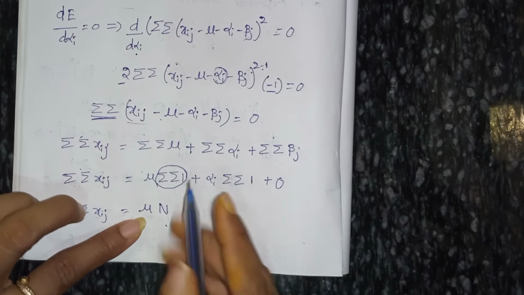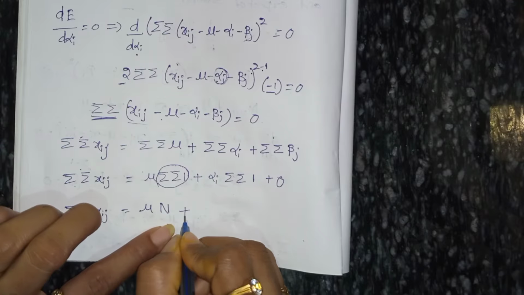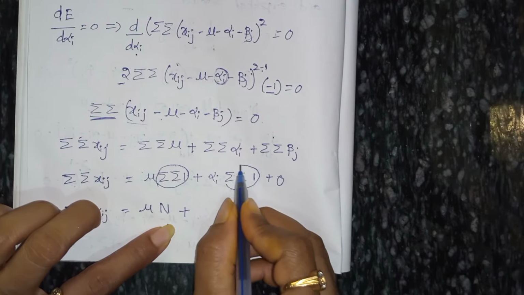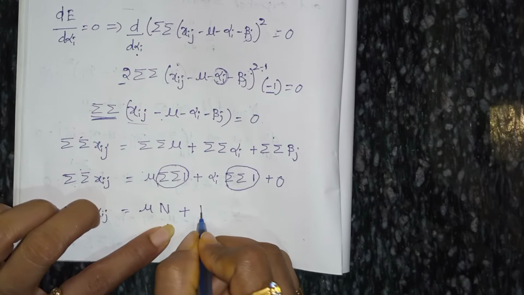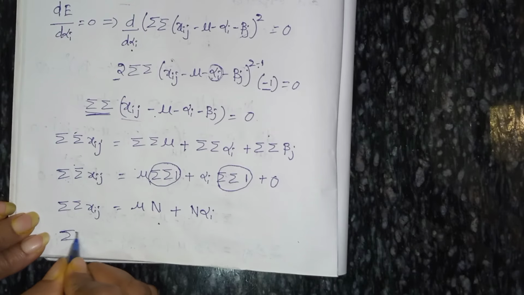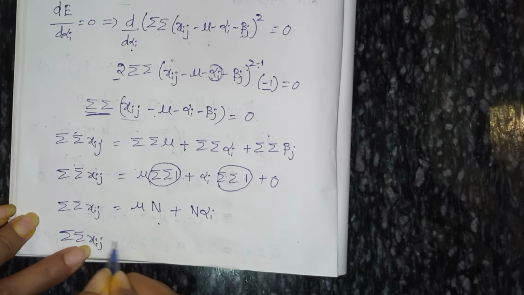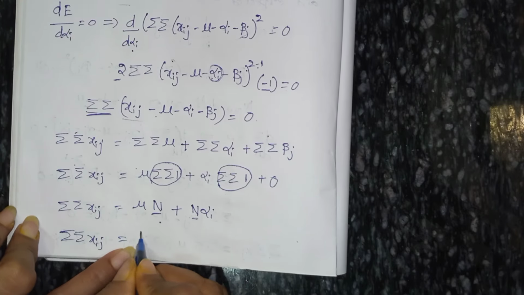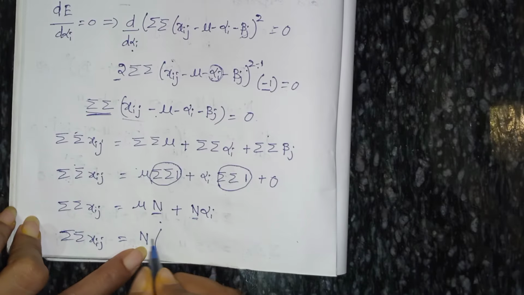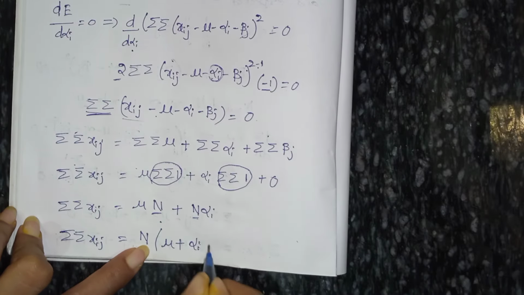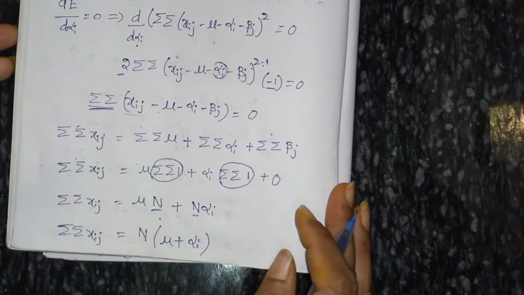This also, double summation, we can write capital N. So capital N into alpha i. So double summation xij equals, I am going to make N common. So N common: mu plus alpha i. Now what can we write here?